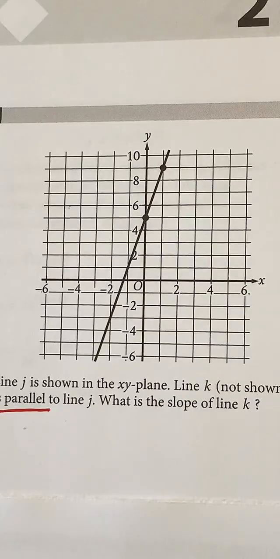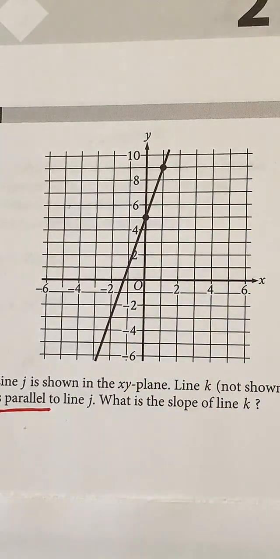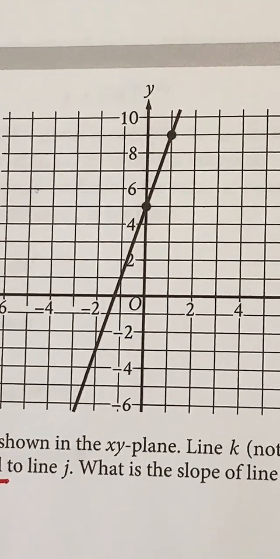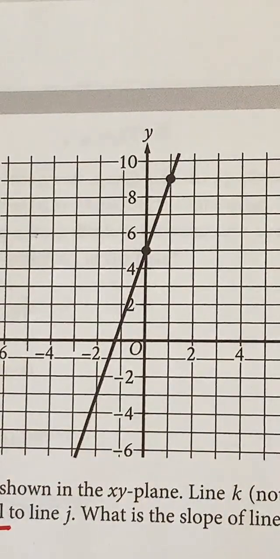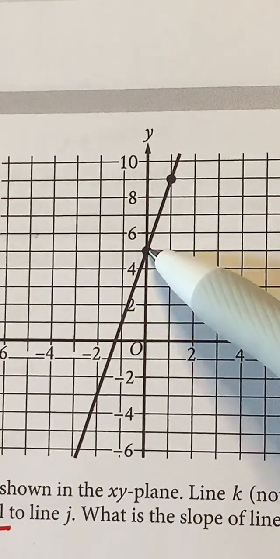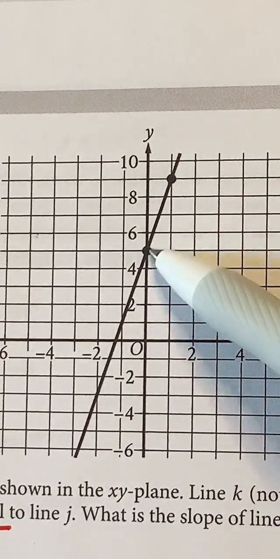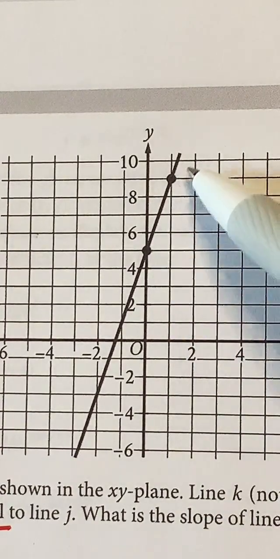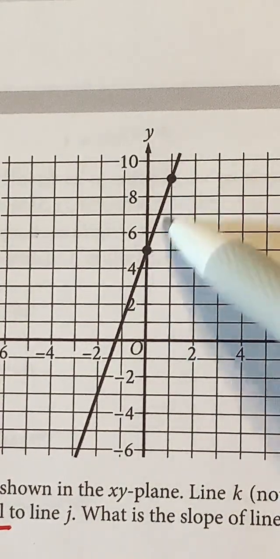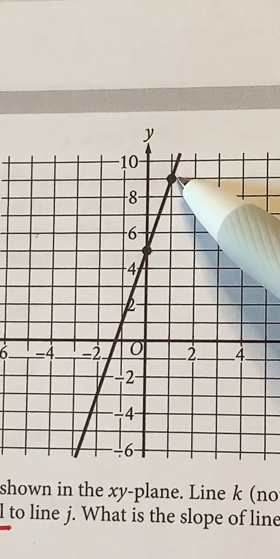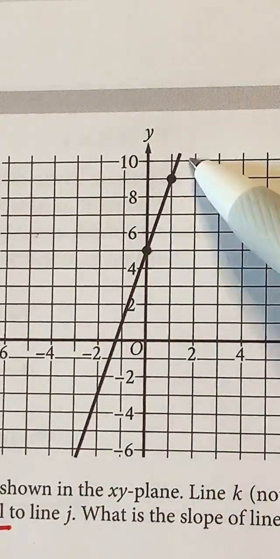Before we can do anything, we need to find the slope of this line. Let me zoom in even further. This line, they gave us 2 points. Sometimes they give you little hints like this. If they give you 2 points, we can find the slope of this whole entire line.